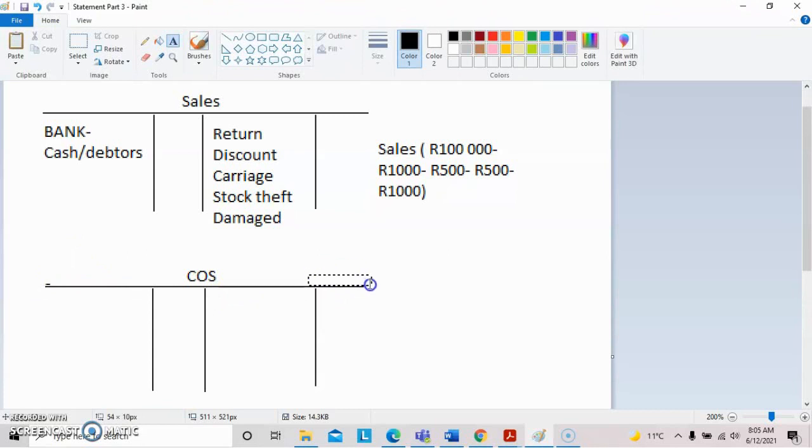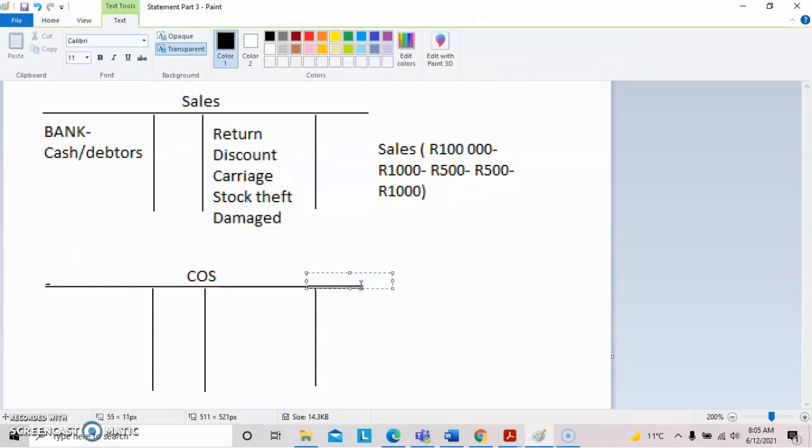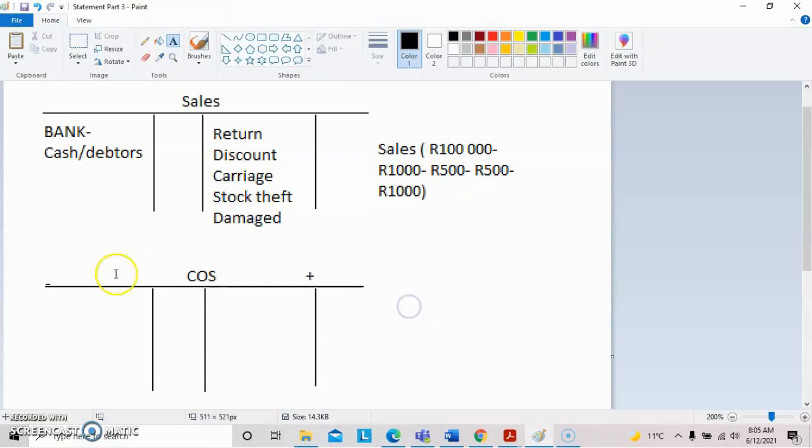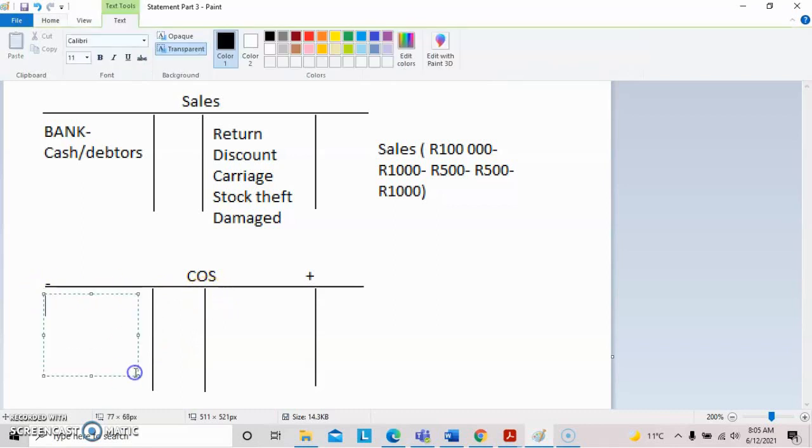And it increases on the credit side. So the credit side will be a plus. You get it? We have the minus on the debit side and the positive on the credit side. So these are the things that reduce the cost of sales.